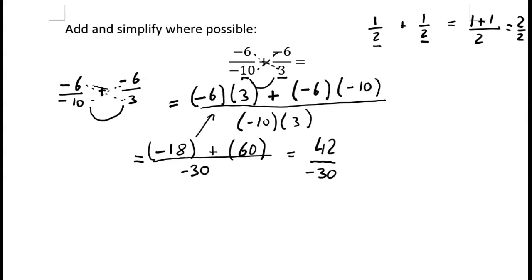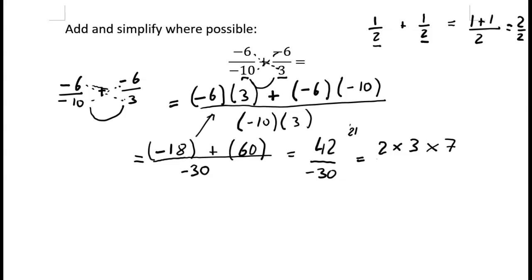And of course, we can simplify this a little bit, and that is where the factorization comes in quite handy, because we can factorize the numerator. So factorizing the numerator, we can divide that by 2. So 42 is the same as we divided by 2. Then we've got 21 left, and I'll write it here. And 21 we can write as 3 times 7.